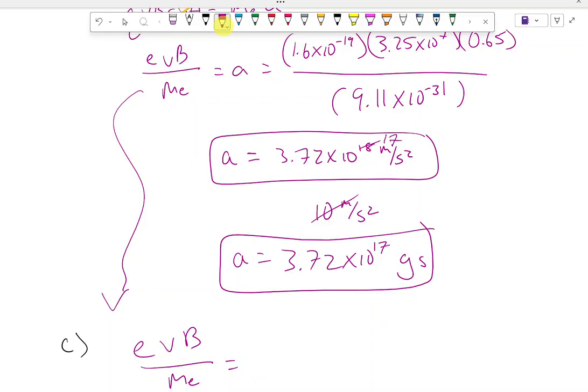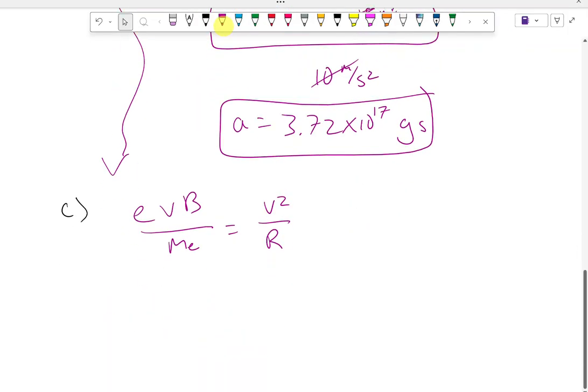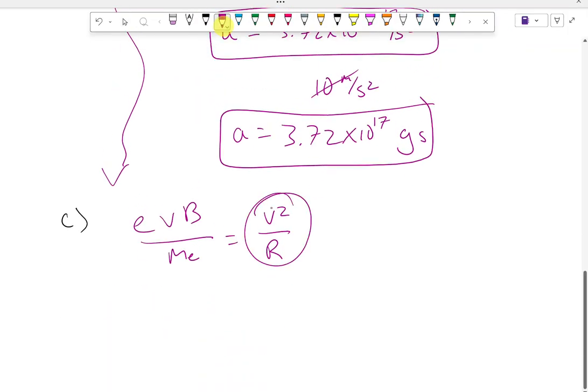The acceleration, though, what type of acceleration is it? It's a centripetal acceleration. Centripetal acceleration, as we've seen before, is v squared over r, the radius. That's on your equation sheet. It's just the speed squared divided by r, assuming uniform circular motion, which in this class you can always assume.